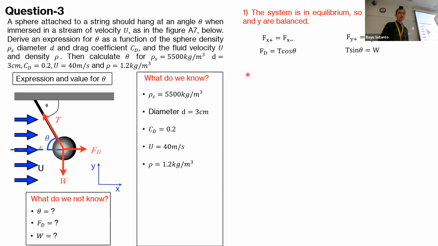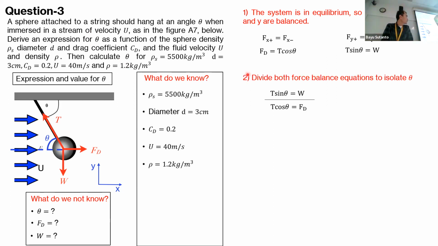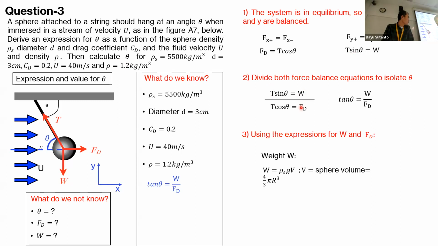To simplify, we can divide the two functions into one equation. If we divide T sin theta equals W by T cos theta equals FD, it will produce tan theta equal to the weight divided by the drag force. And then we need to define the weight.